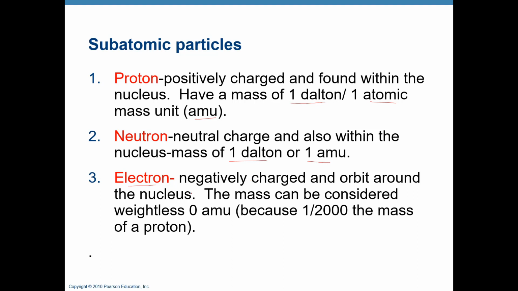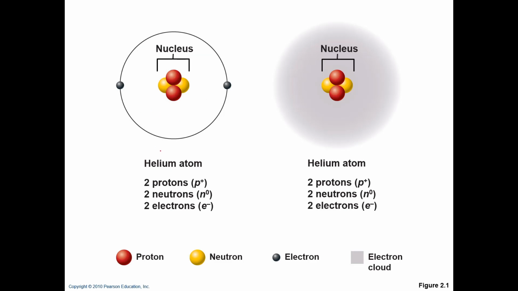The mass is so negligible, it cannot be detected or measured. So weightless. You see, this is an atom of helium and it has 2 protons, red, 2 neutrons, yellow, and 2 electrons, this dark one. So it is neutral. So atoms are neutral.